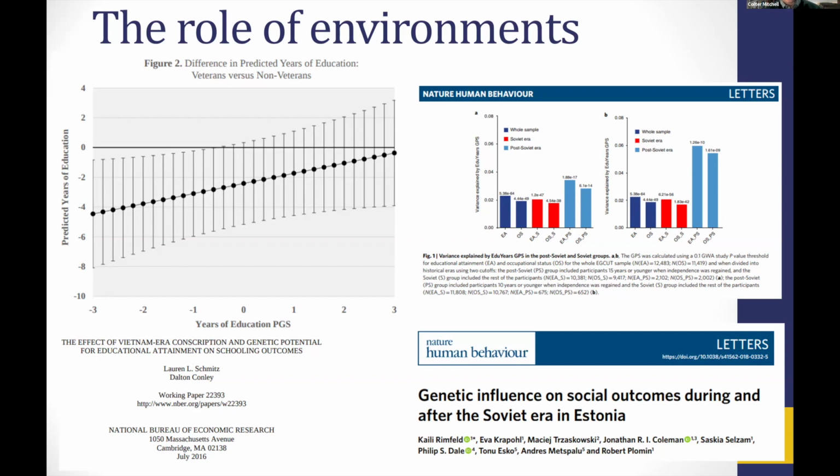So Vietnam conscription, which was in theory somewhat random, at least the date at which, whether or not you actually went to Vietnam was a different story, but whether or not you were selected in the draft was random, and genetic potential for educational outcomes, and then how far you went in school.